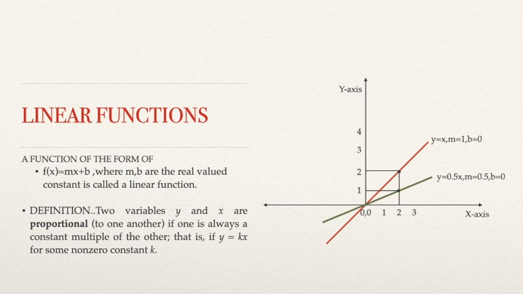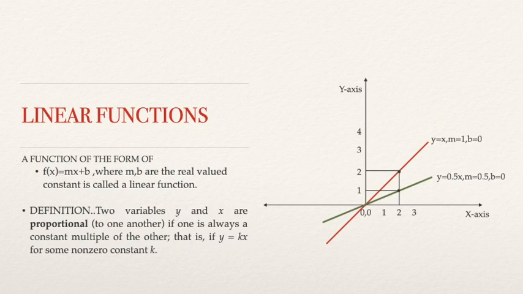The function f of x equals x, where m equals 1 and b equals 0, is shown by the red color line in the figure, and it is also known as the identity function.